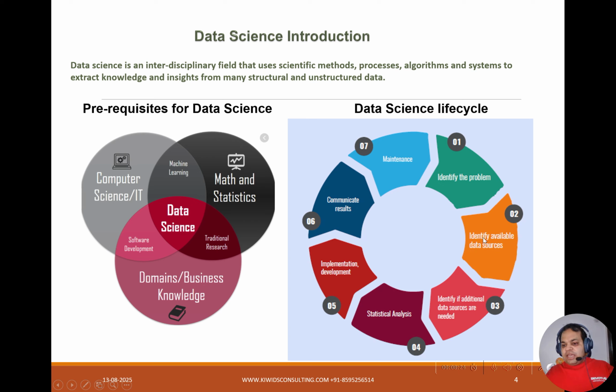Similarly for others. Second is to identify available data sources. What data period and data sources are available? Sometimes you will have data sets available, sometimes we won't. In that case, we'll discuss how we go about cases where data is not available.